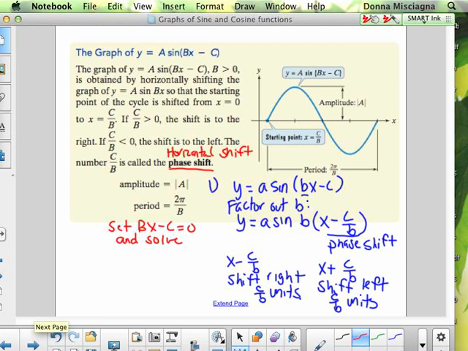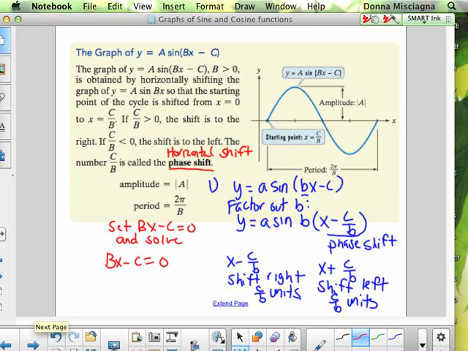It's just slightly different. Rather than factoring it out, we're just going to set what's in the parentheses equal to 0 to find out what our shift is. Because it's what's in the parentheses, that's our shift. The c is only our shift once the b is factored out, but we can accomplish the same thing by simply setting this equal to 0.